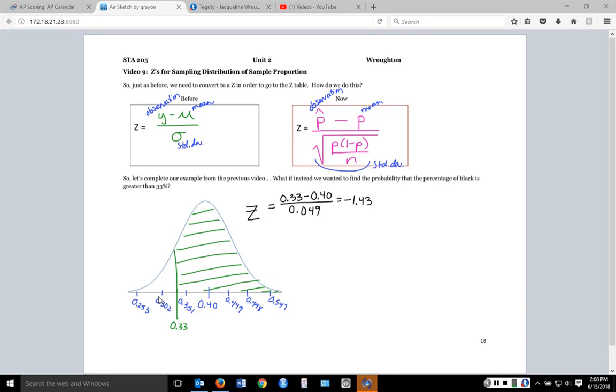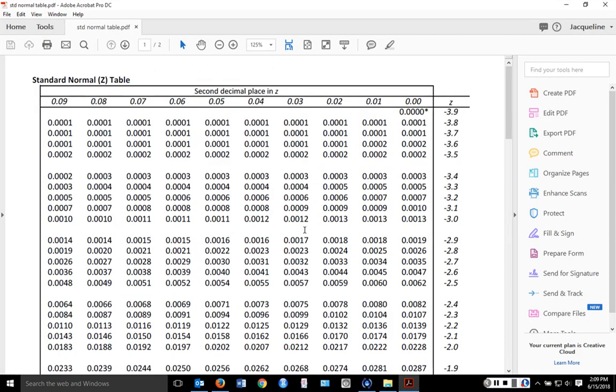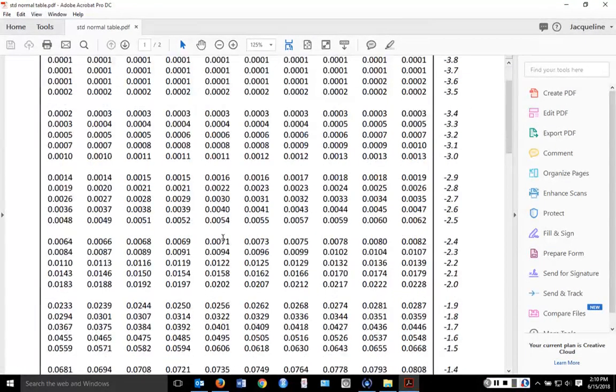Now once we have our z-score, we can use all the rules that we learned in Module 1 with the normal distribution when we're using our table. So let's bring up that table as a reminder. So this was our normal table. And remember, it's telling us how much is to the left of a given z-score.